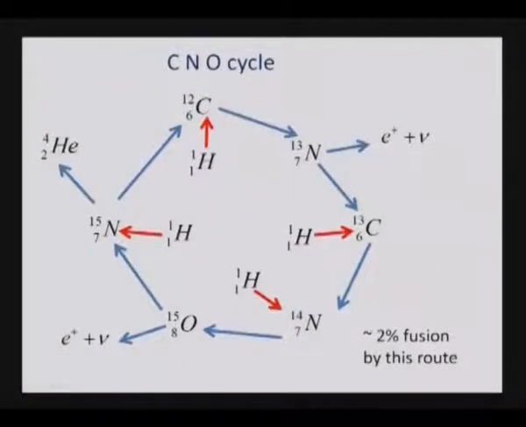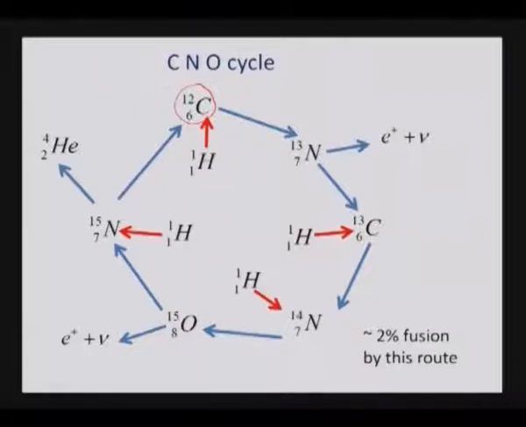Not much important for Sun, but for heavier stars that CNO is important. In Sun also about 2% of energy is created through that CNO cycle. What is that CNO cycle? If in this gas, if in this core you already have some carbon nucleus, carbon 12.